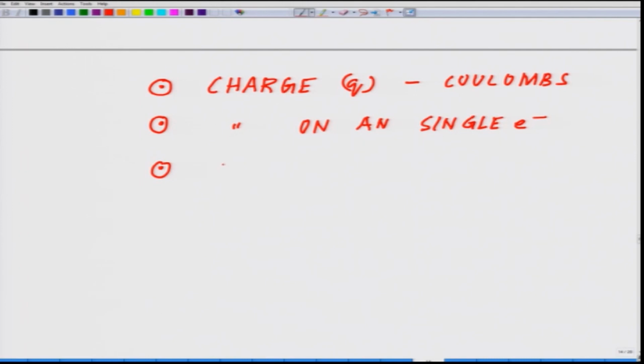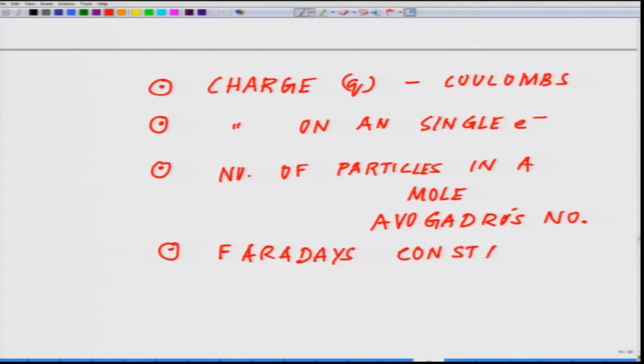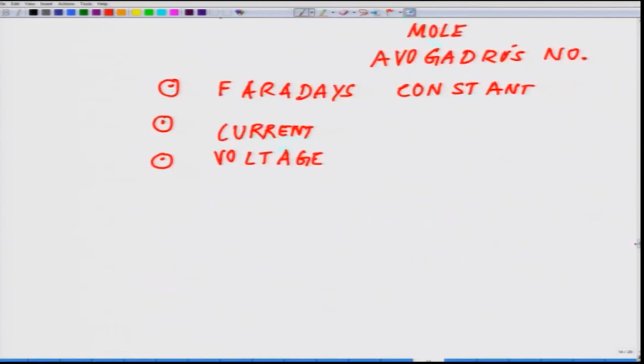Then the number of particles in a mole, which is Avogadro's number. Then Faraday's constant. Then the current. Next, we talked about the voltage. So, you are slowly moving, if you realize it.